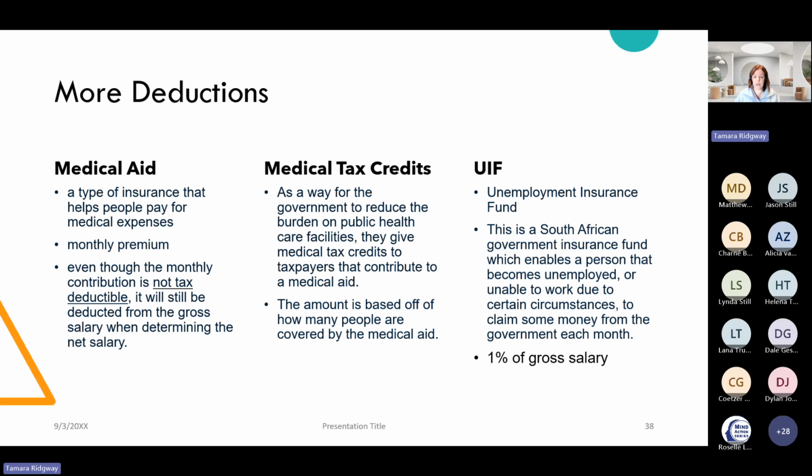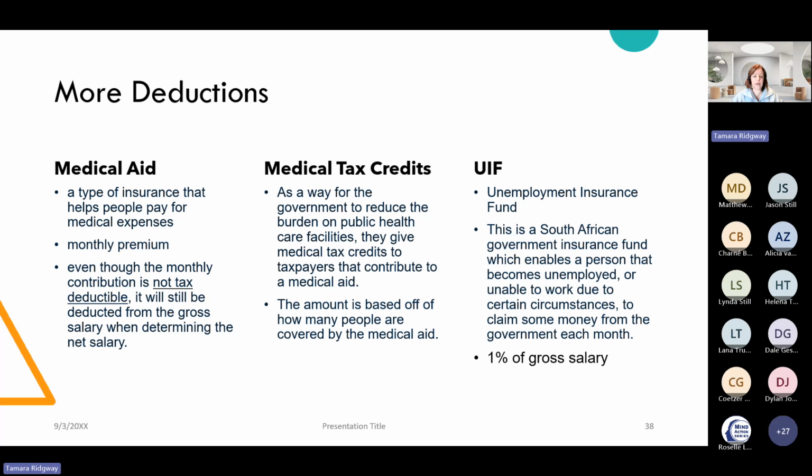They give medical tax credits to taxpayers that contribute to a medical aid. The amount is based off of how many people, you and your dependents, are covered by the medical aid.